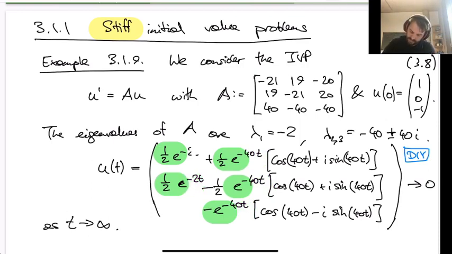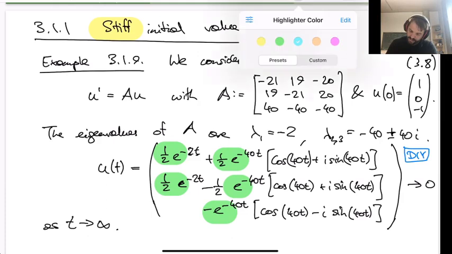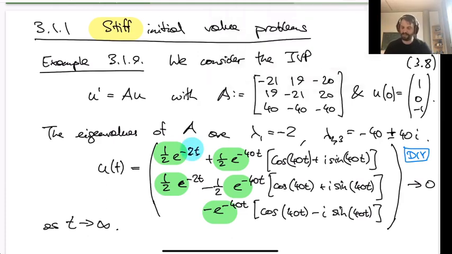On the one side, we have a thing that goes to 0 with e to the minus 2t, and here we have e to the minus 40t. So the second part decreases much more rapidly than the first part.